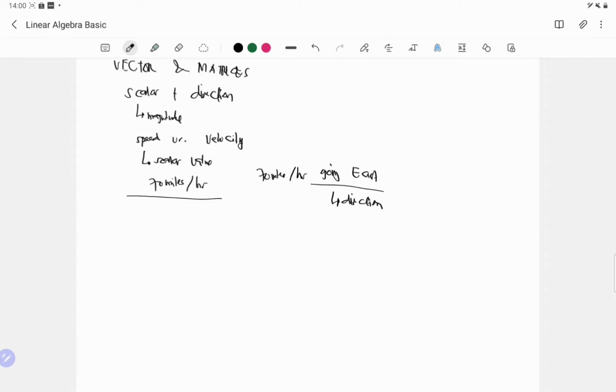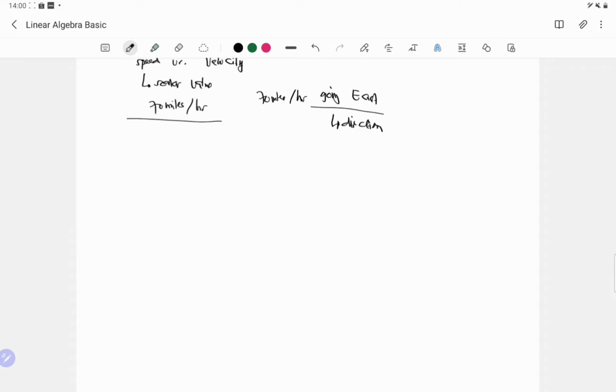Okay, suppose we have a point in a plane, for example, 1 2 3 4 5 and 1 2 3 4 5. Your point is (2, 5). So it's here.